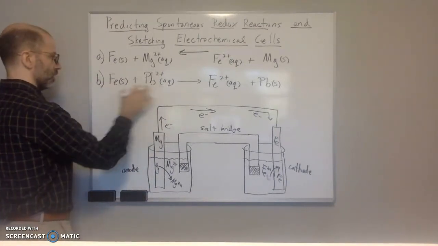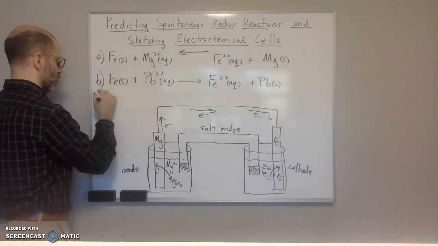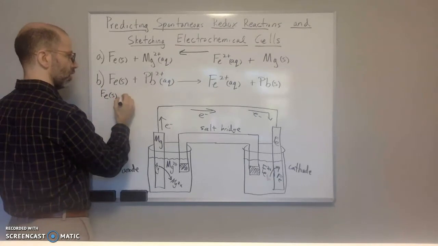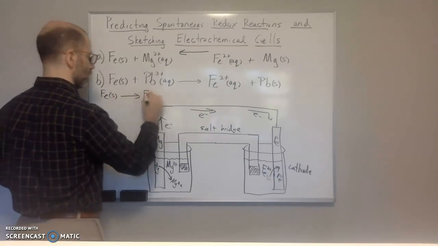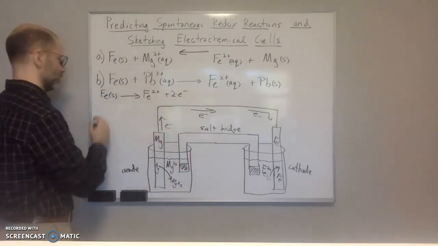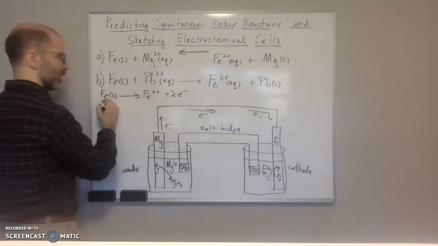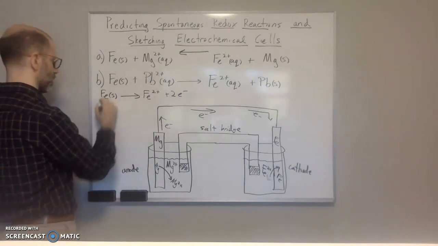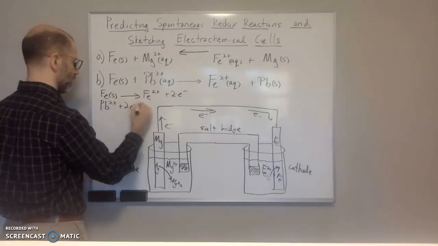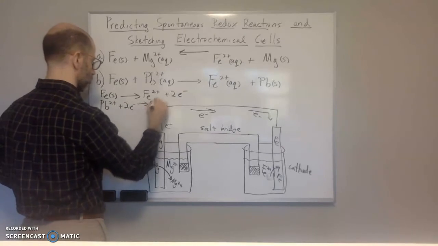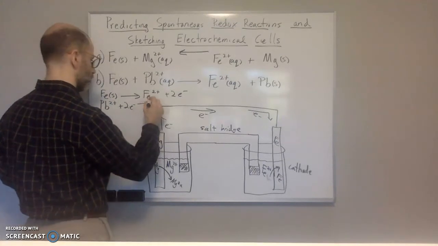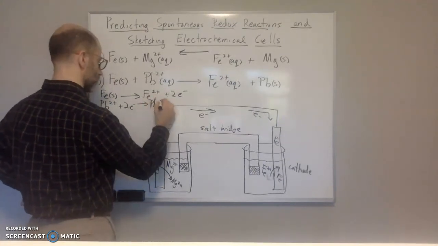So if we write the half reactions here, iron solid again is going to go to iron 2+ plus 2 electrons. And then here what we have is lead 2+ plus 2 electrons going to lead solid.